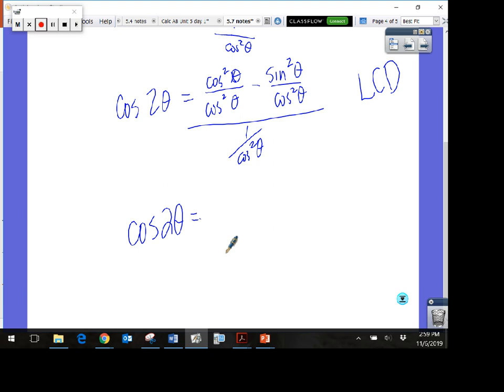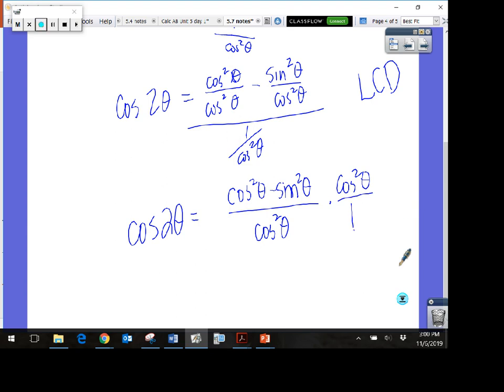Some of you don't know what I'm talking about when I say that. So I'm going to make the numerator cosine squared theta minus sine squared theta over cosine squared theta. That was my numerator. And I'm going to multiply by the reciprocal of the denominator.